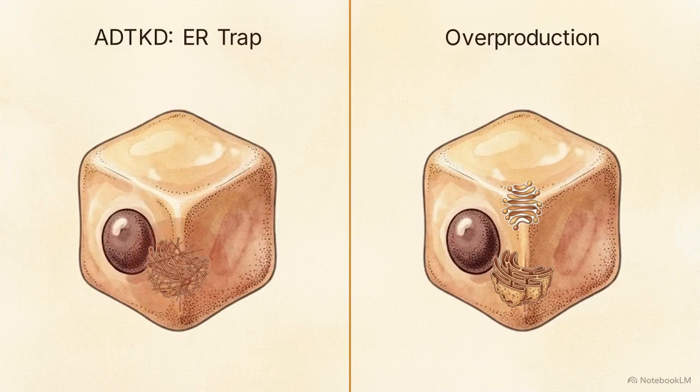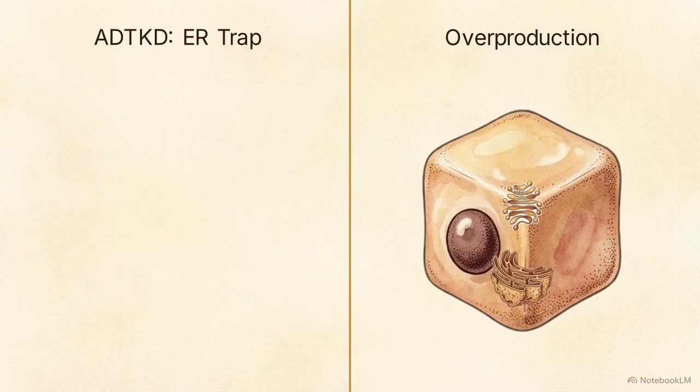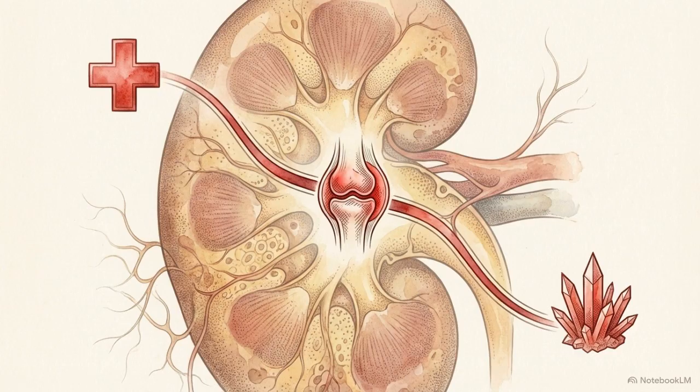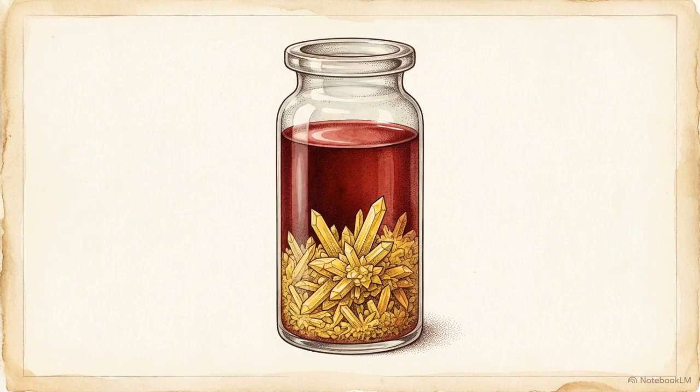Genetic mutations in these patients disrupt the protein's internal disulfide bonds, causing the uromodulin to become trapped inside the endoplasmic reticulum. This triggers severe cellular stress, ultimately driving the cell into apoptosis, or programmed cell death. These patients present with progressive chronic kidney disease, hyperuricemia, and gout. Hyperuricemia is a condition characterized by abnormally high levels of uric acid in the blood.